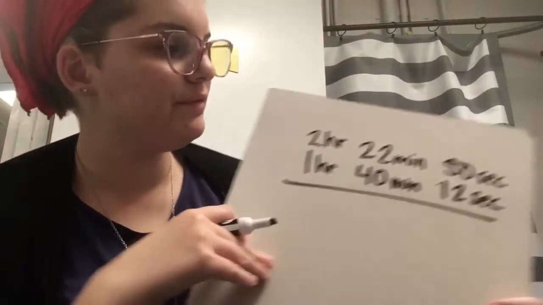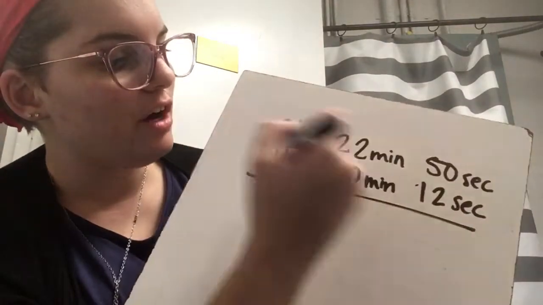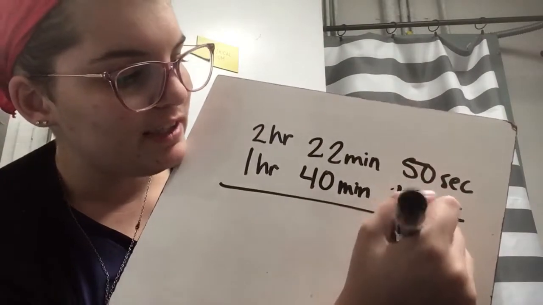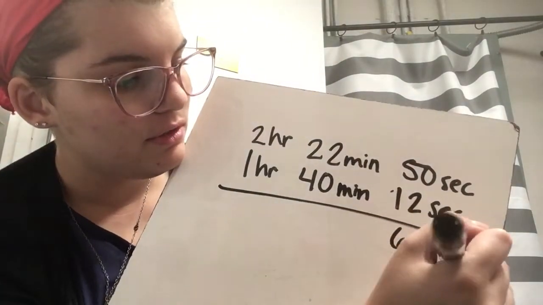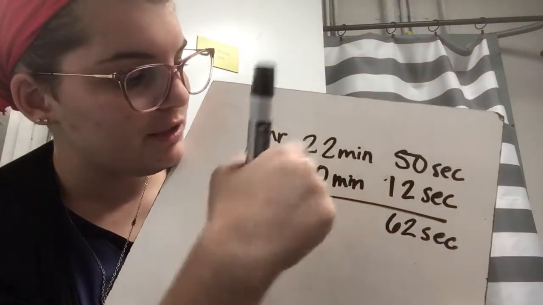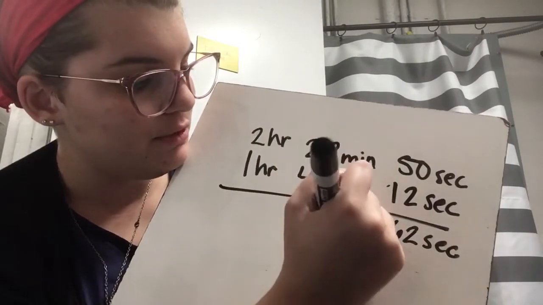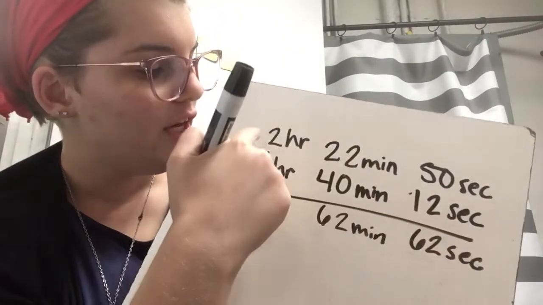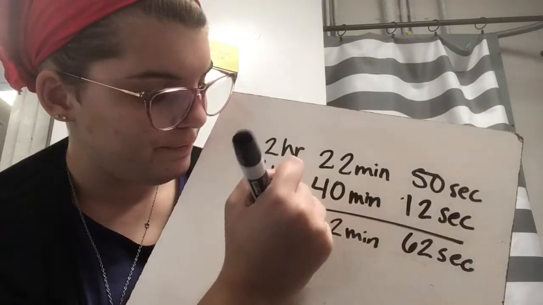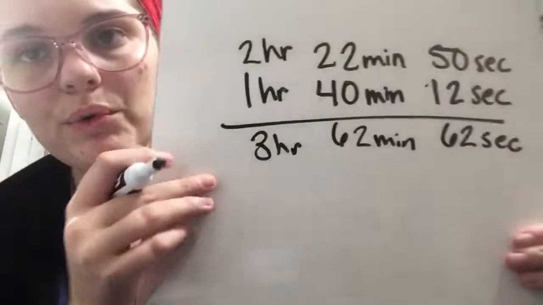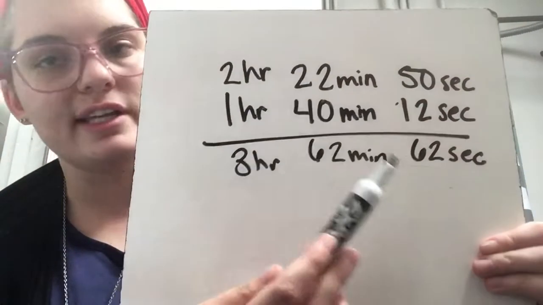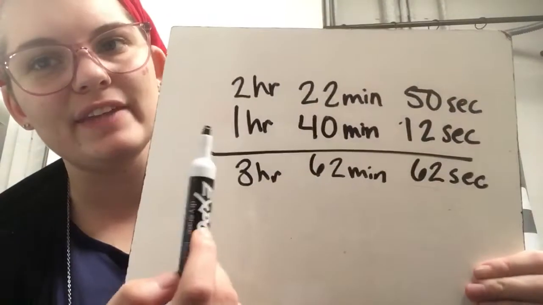All right. So we're just going to add across. 50 plus 12 is 62. 22 plus 40 is also 62. And 2 plus 1 is 3. Now, as you can see, we can't leave it as 62 seconds and 62 minutes. We can't leave that.